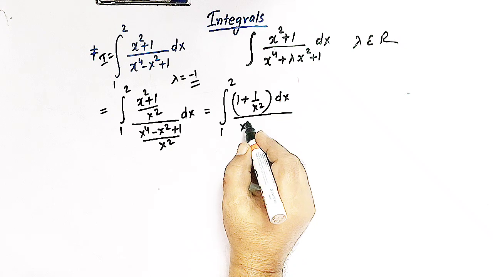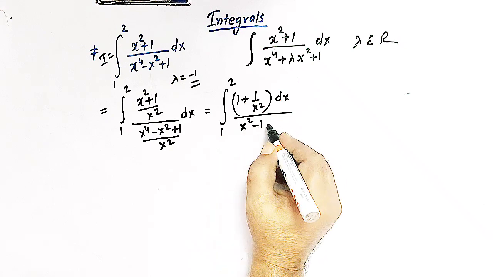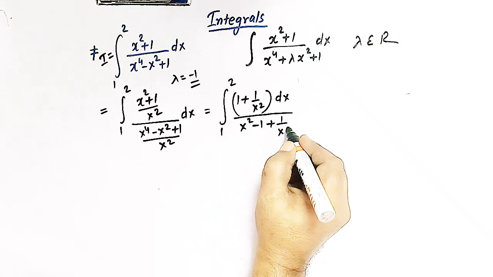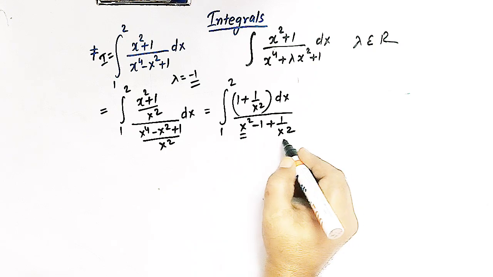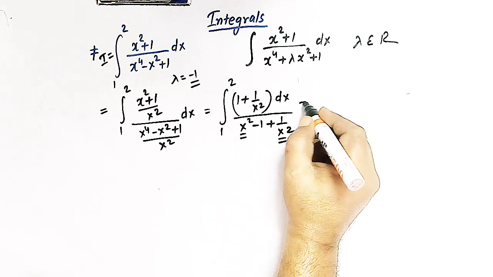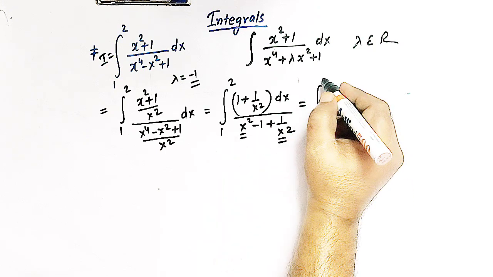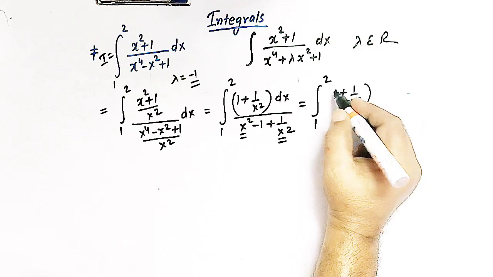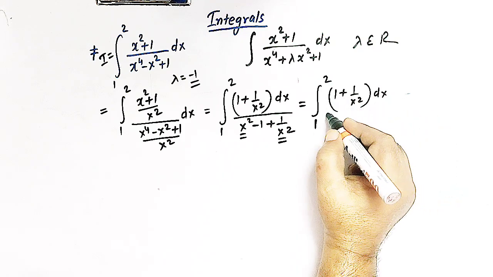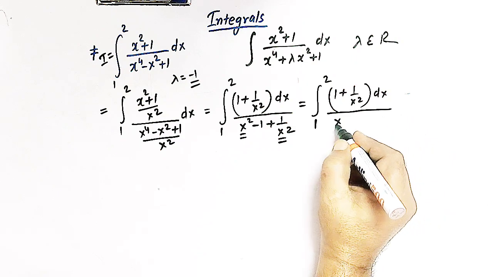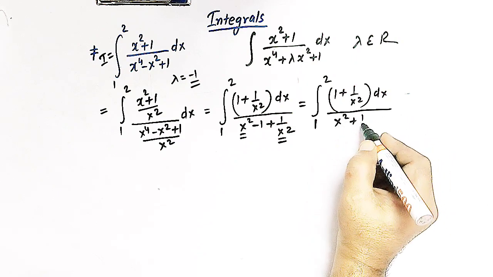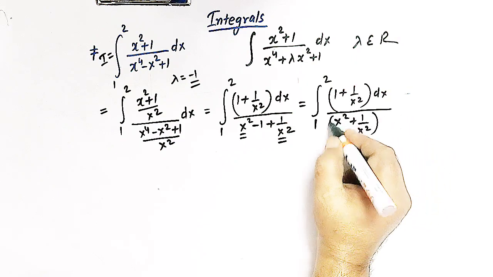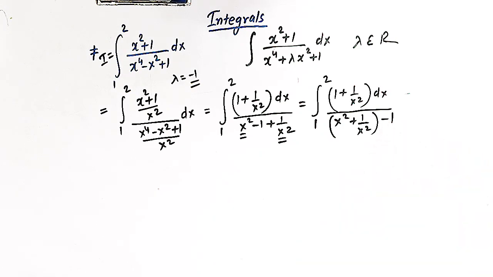So we have here x square, then we have minus 1, and then we have 1 over x square. Now we can collect these two terms. So our integral becomes 1 to 2, 1 plus 1 over x square dx, and in the denominator we have x square plus 1 over x square, and here we have minus 1.